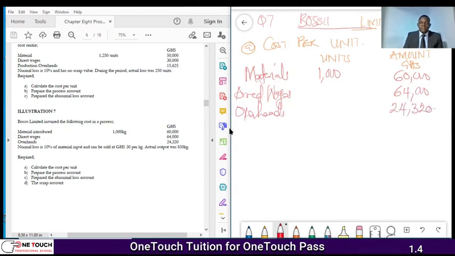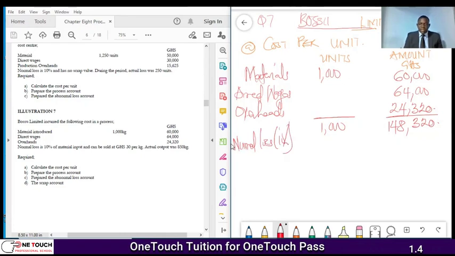So at the end, we have 1,000 units and the total cost of 60 plus 64 plus 24, which gives us 148,320. Now, the normal loss in the process is 10%.